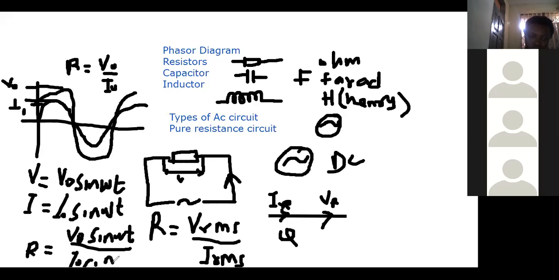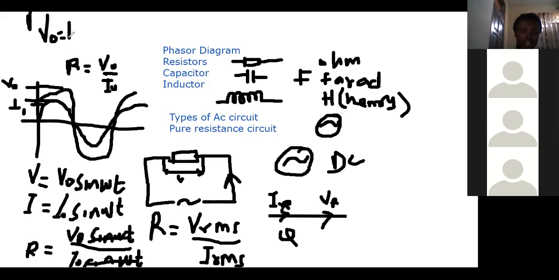You know that this and this are the same, so they will cancel. Now when they cancel, we are going to get R is equal to V naught over I naught. Please, do you understand how it was derived? Yes, sir.